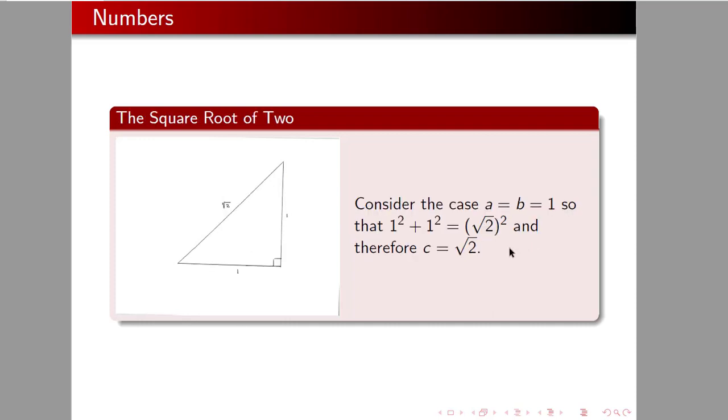Okay, and let's take the simplest case here where A and B are both equal to 1, and so we have that 1 squared, which is 1, plus itself is equal to 2.